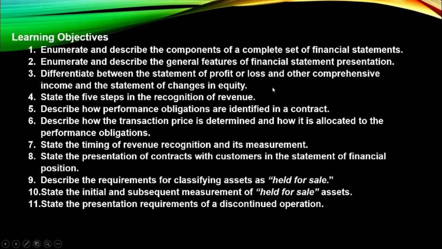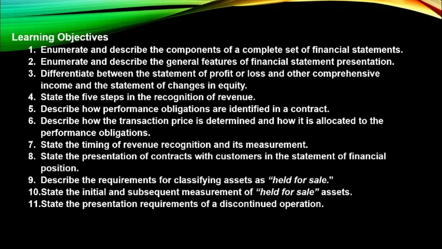And the learning objectives of this module are, first, we have to enumerate and describe the components of a complete set of financial statements. We have to enumerate and describe the general features of financial statement presentations.